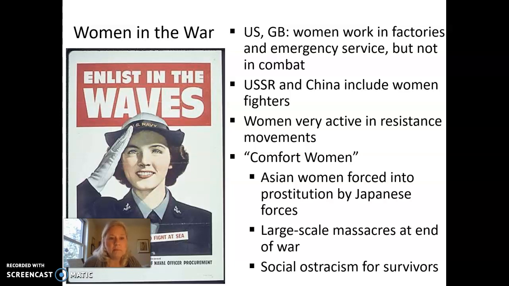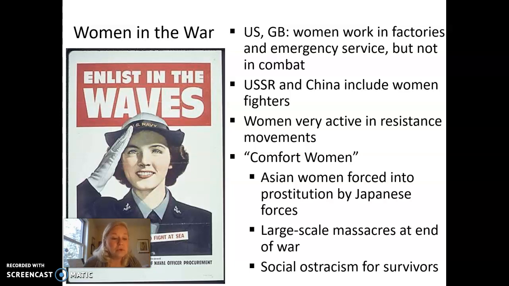There were large-scale massacres at the end of the war. As the concentration camps were being liberated, the anniversary of the liberation of the first concentration camps occurred in the spring of 1945. So this year, when I'm filming this, 2020, is the 75th anniversary of the liberation of the concentration camps, and many people were actually massacred as the troops were leaving the concentration camps because they didn't want them to talk about or identify them or expose their war crimes.